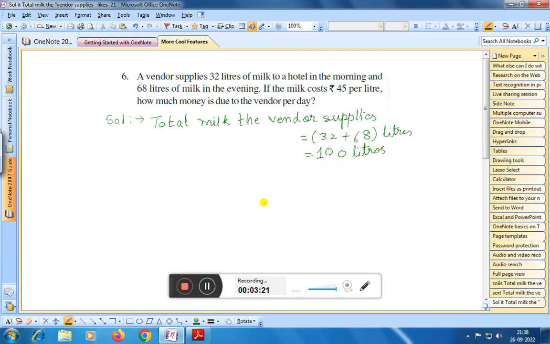Now, here you see this 100 liters. If the milk costs rupees 45 per liter, how much money is due to the vendor per day?